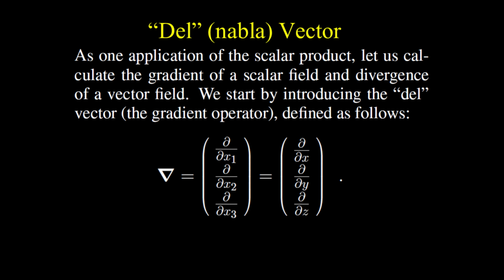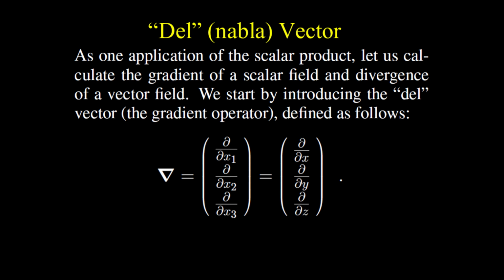The actions depend on the symbol following the del operator. For example, a dot will signify divergence, a cross will indicate curl, and no symbol following the del operator indicates gradient. Each of these operations will be discussed later in this lecture.